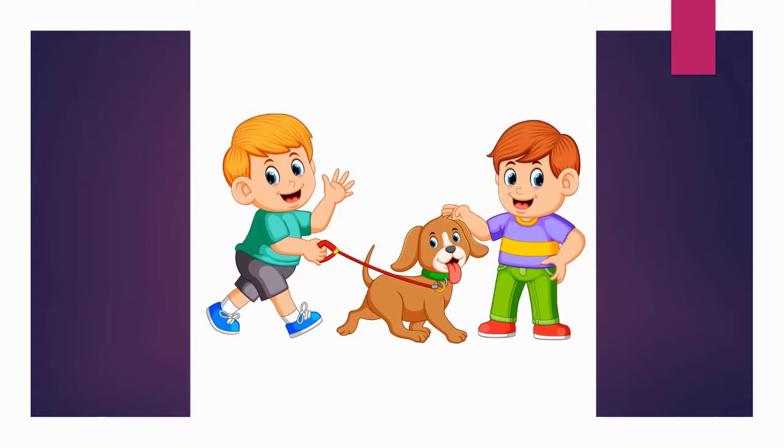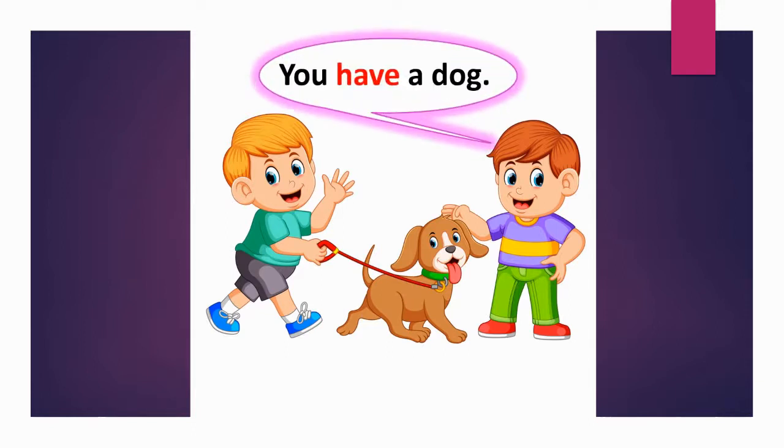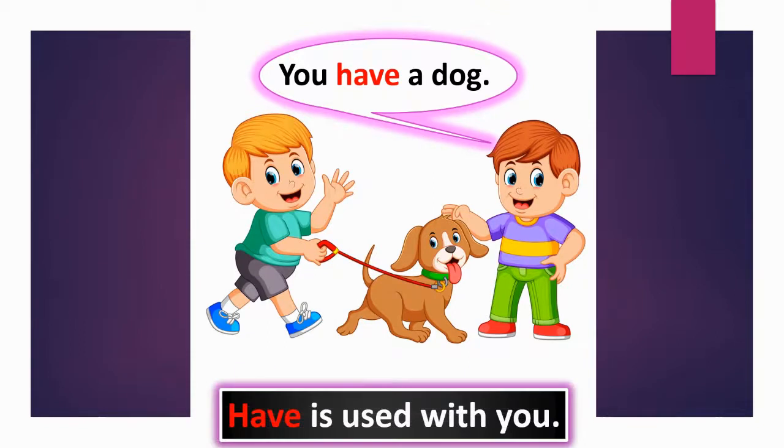So he is telling him that you have a dog, and you is used with have. Have is used with you. So when we are using it, we should be careful. We have to use have with you.